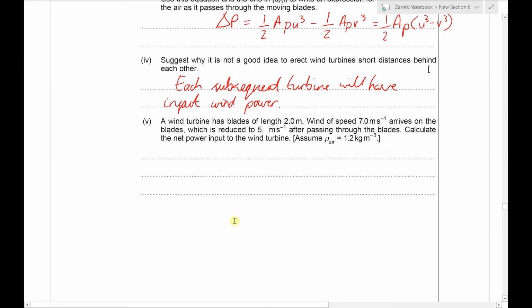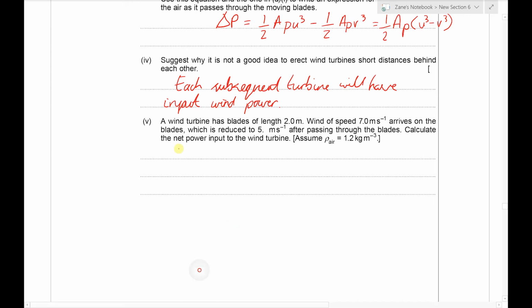Now we're told that we've got a particular wind turbine with blades of length 2 meters, wind speed enters at 7 meters per second and it leaves at 5 meters per second. And after passing through the turbine blades, we've got to find the net input power to the wind turbine. Well, the input power to the wind turbine is going to be the power lost by the wind, and then that power lost by the wind will be converted into electrical energy with a loss due to inefficiencies by that wind turbine.